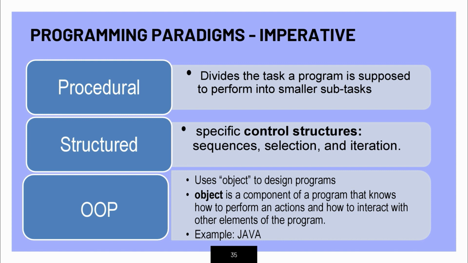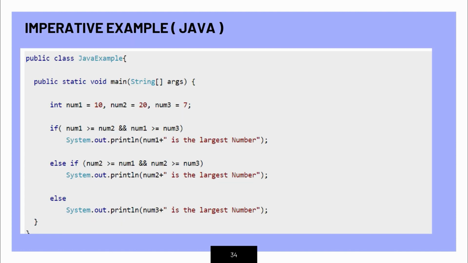The one that you saw just now, which is the Java code to find the largest number tu, dia ada selection contoh dia. If yang ada if tu, that one is selection. So, okay, itu example dia lah. Okay, you're gonna see this a lot more when you're doing the coding next semester.